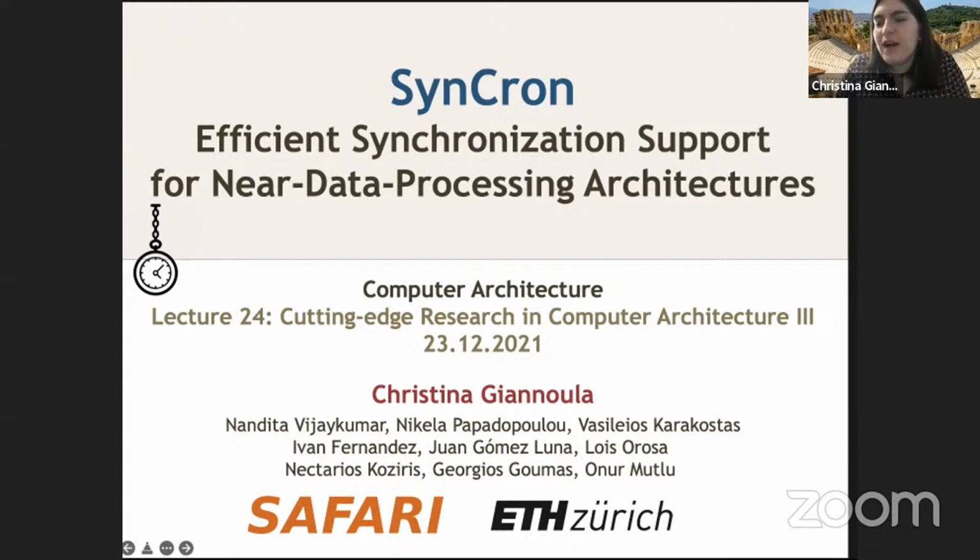Assuming that concurrently, all the NDP cores want to access at least 1 or 2 synchronization variables, we have designed our proposed synchronization table in this way. In the worst scenario, you have all the NDP cores of the system concurrently accessing at least 2 or 3 synchronization variables each. So there is an upper bound there, and if you design the synchronization table to satisfy this upper bound, you don't frequently overflow.